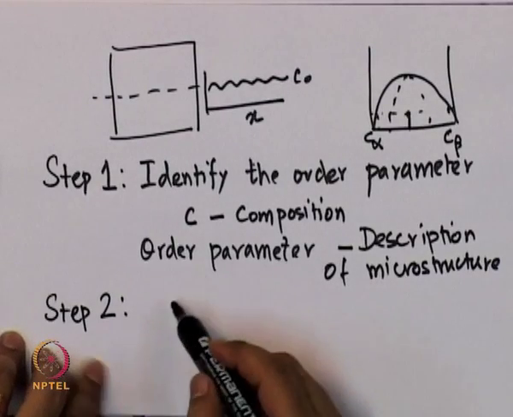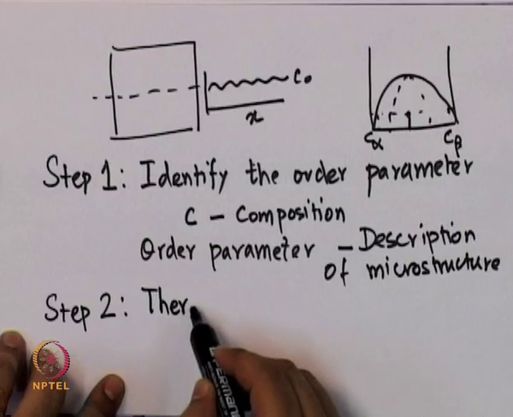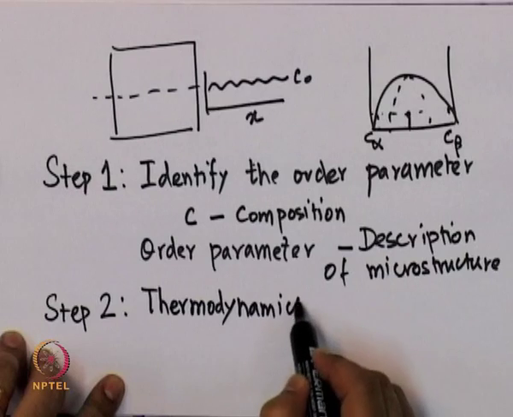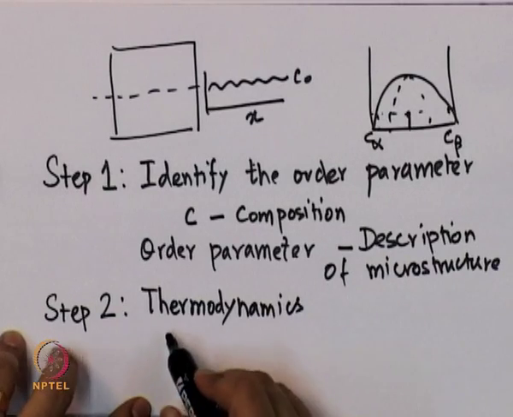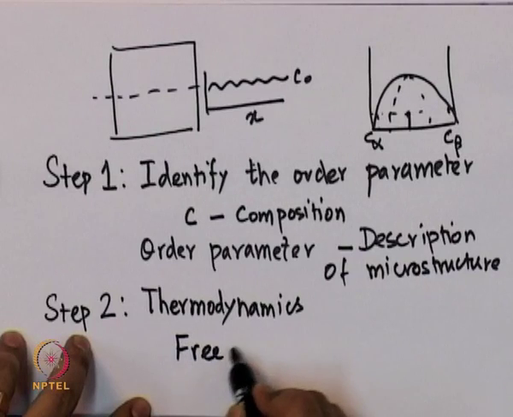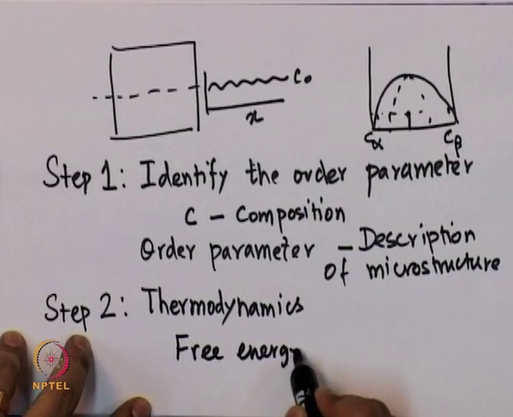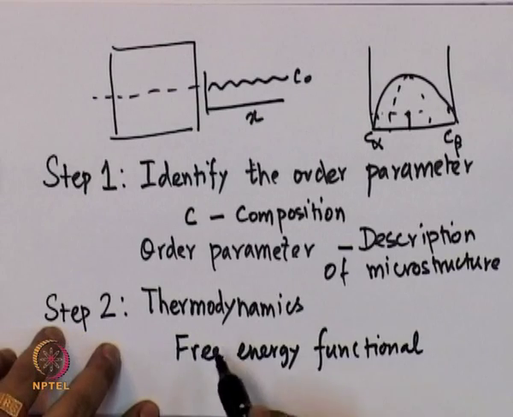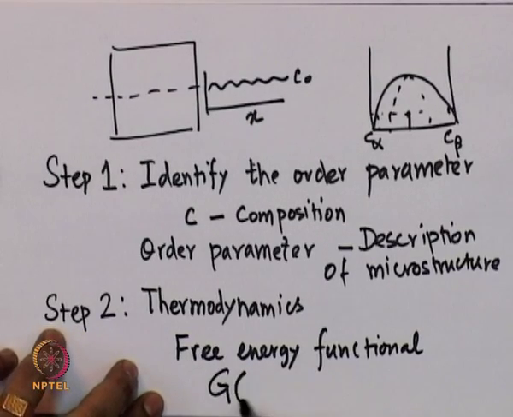is the thermodynamics. So, what do we mean by that? We want to write the free energy functional in this case, because the free energy is a function of composition and gradients in composition.